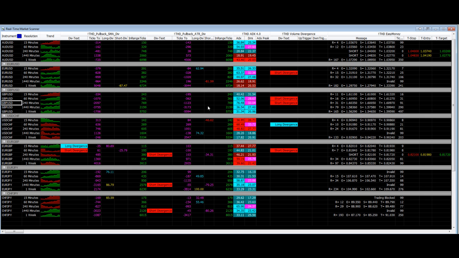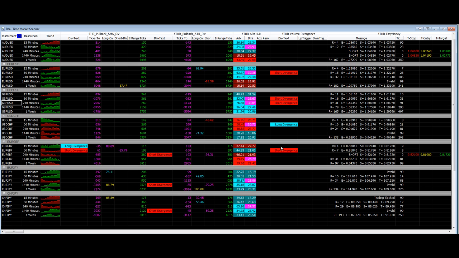And the first thing that I would be looking at is what type of short divergences or long divergences do we have here. And you can see we have some on the Euro British Pound, on the USD Swiss franc, on the British Pound US dollar, and on the Euro US dollar.